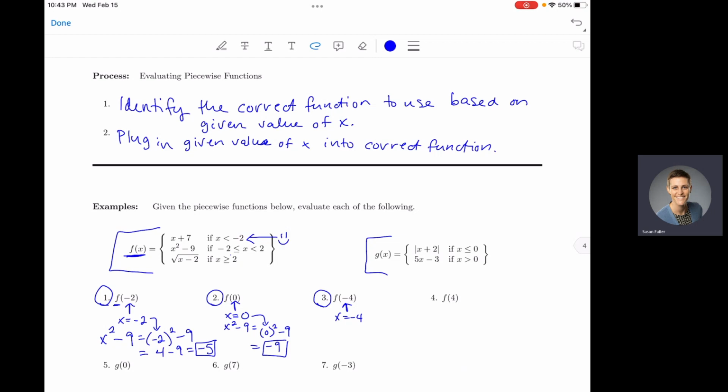So in this case, we're going to use that top function of x plus 7. This is the correct function to use for x equals -4. And then just don't forget to plug in your value of -4 into the correct function. So we'll have -4 plus 7, which gives us a value of 3 for our function value of -4.